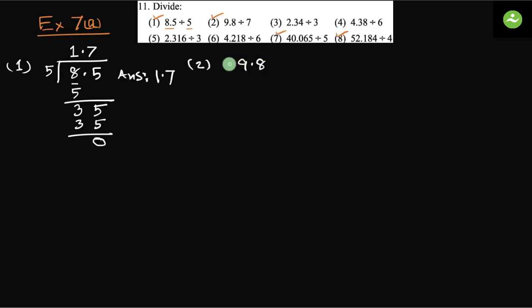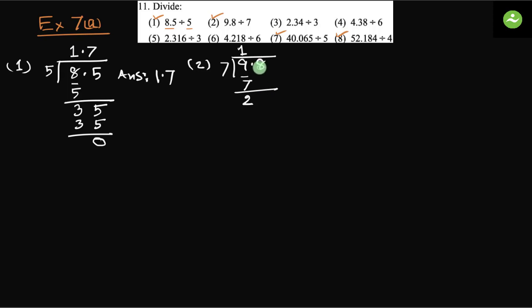The next, bracket 2, 9.8 divided by 7. First digit, it divides. Yes, 7 into 1 is 7. Deduct 7 from 9, it's 2. So bring down the next digit, 8.